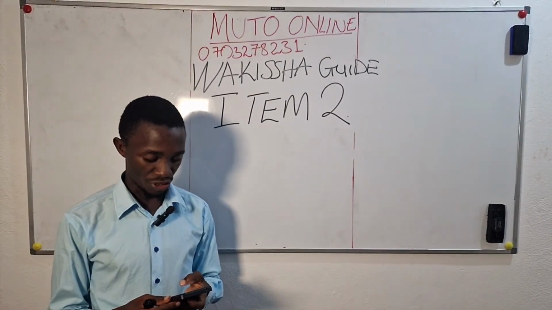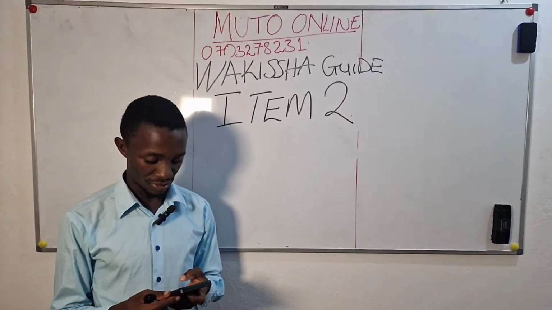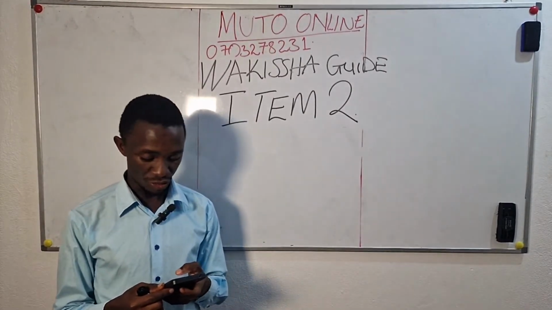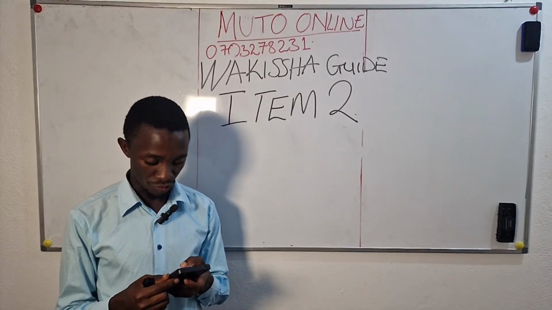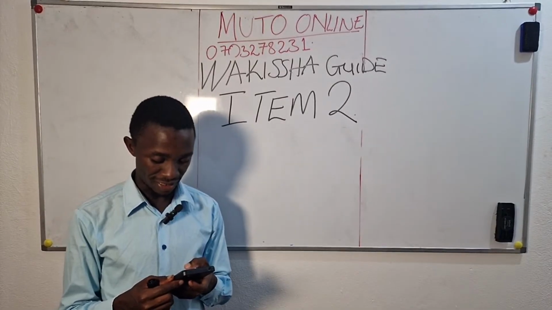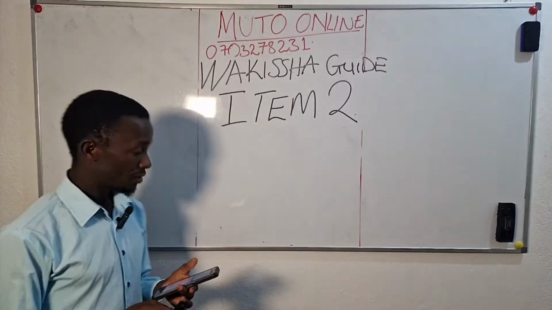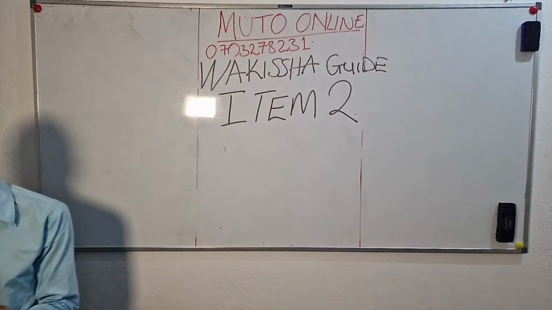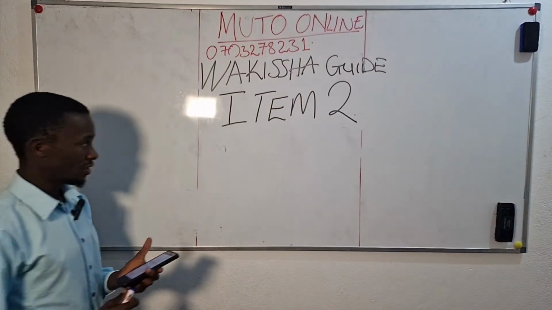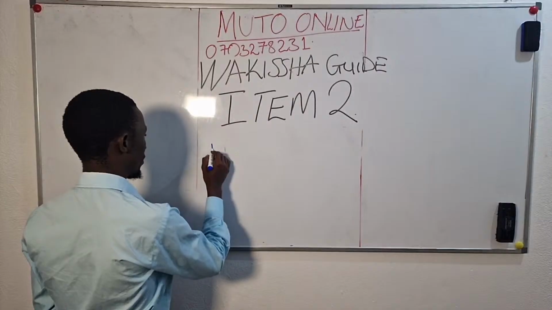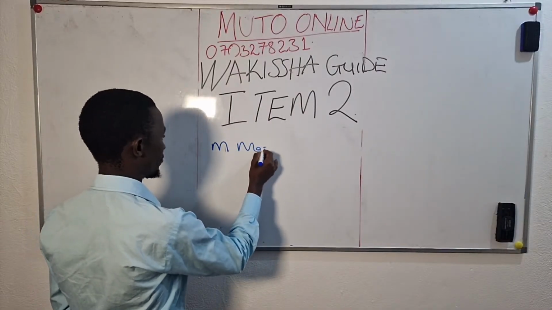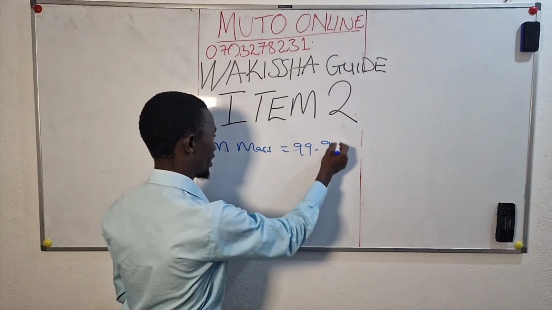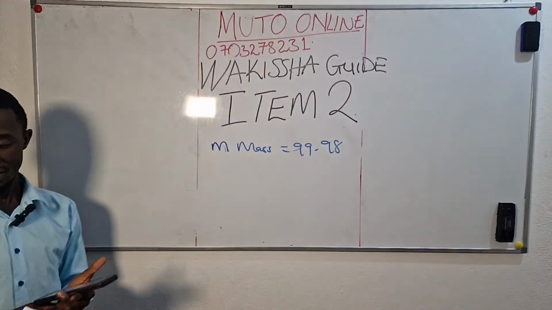The fire extinguisher is a substance Q of molecular mass 99. The molecular mass of the substance Q in the fire extinguisher, they are saying, is 99.98. That is the molecular mass.